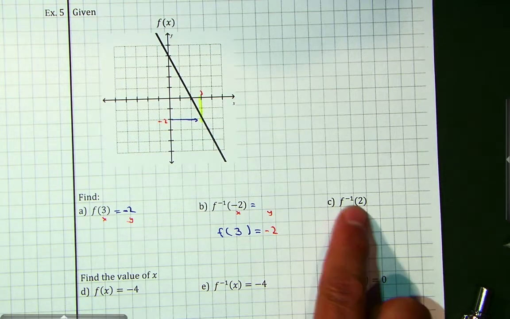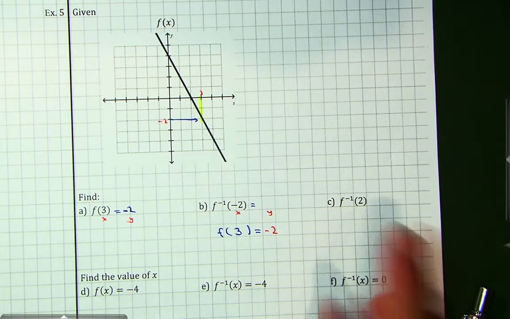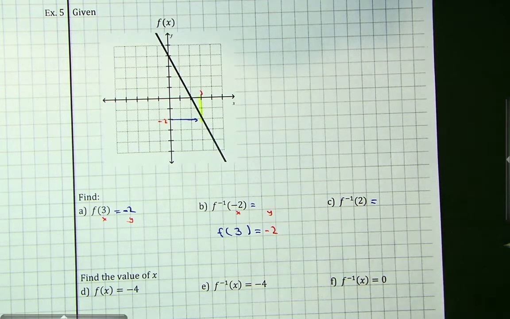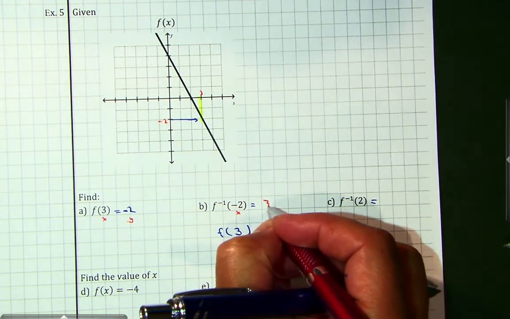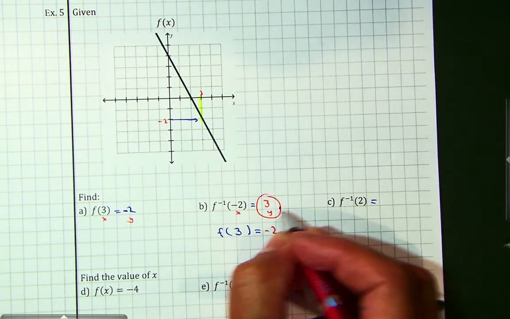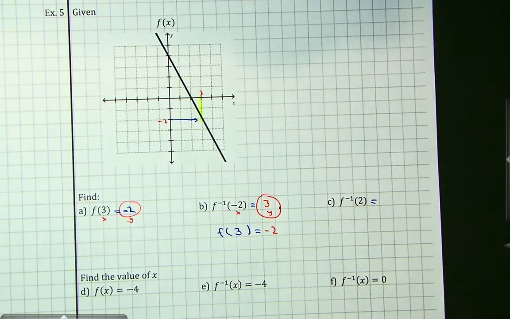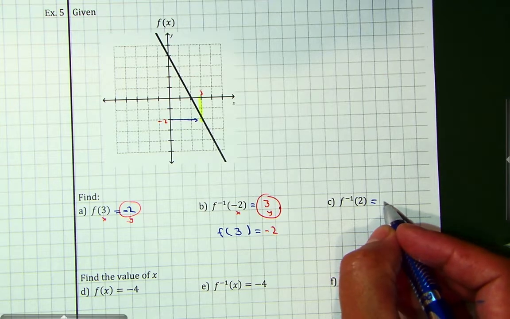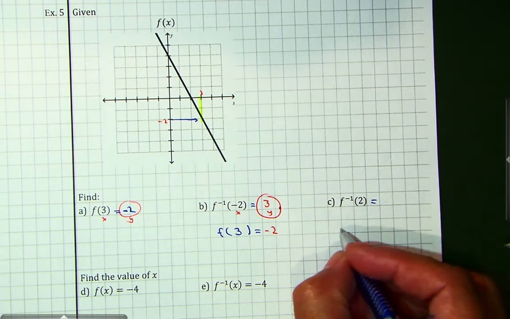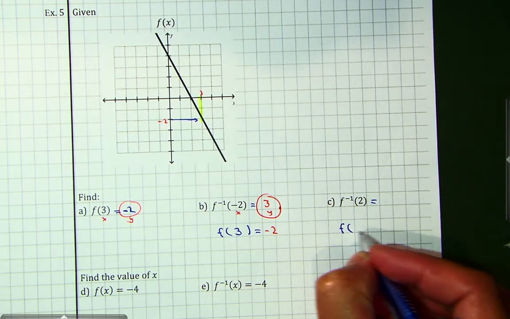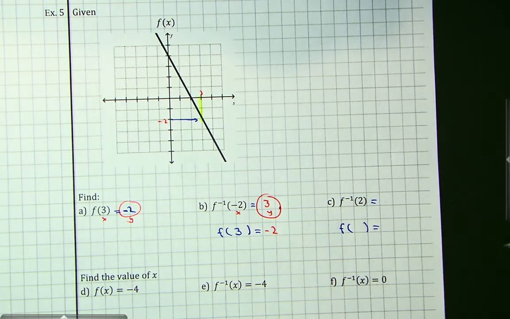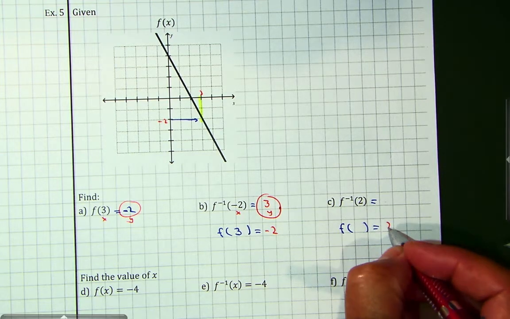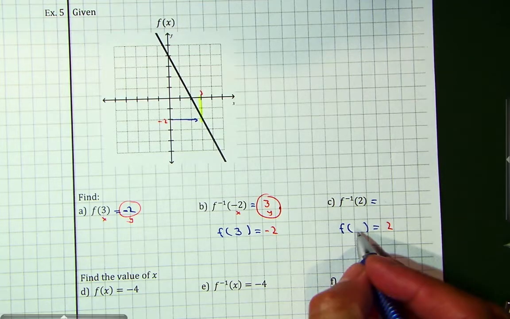F inverse of 2, what will you get? Remember that we are looking for the y value for the inverse. So I need to think, okay, f, the original function, is 2, what will be the x value?